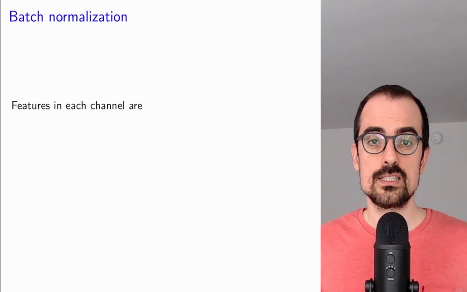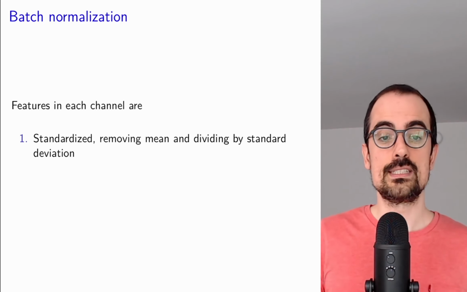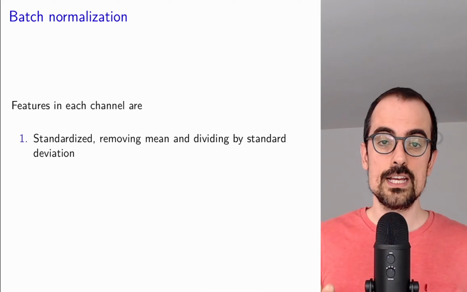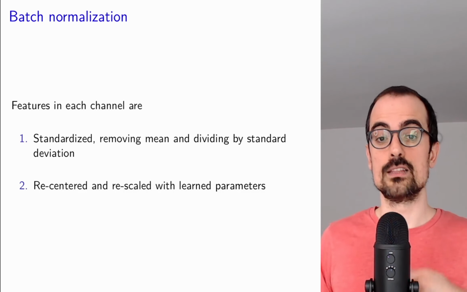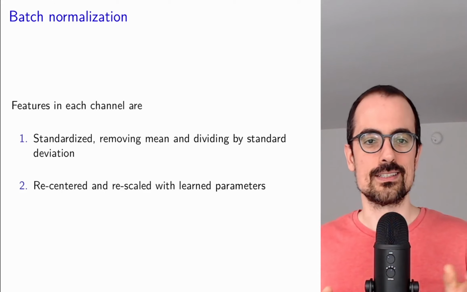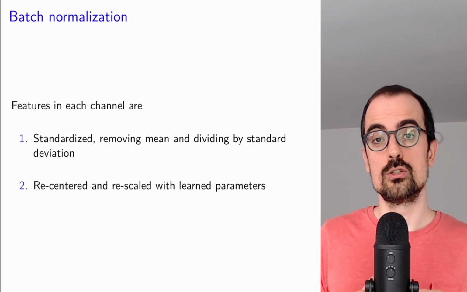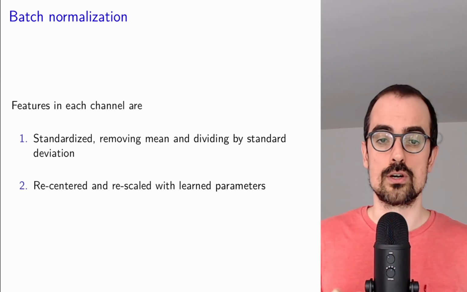During batch normalization, we take the features within each channel and standardize them by removing their mean and dividing by their standard deviation. Then we recenter and rescale them with learned parameters. This is an important operation that is used quite often within convolutional neural networks, because it improves how the network is able to learn from data.